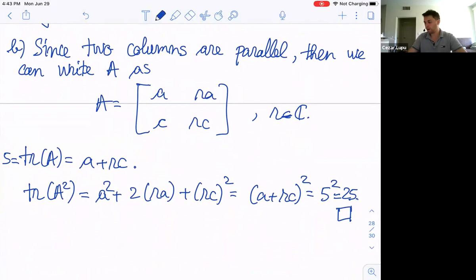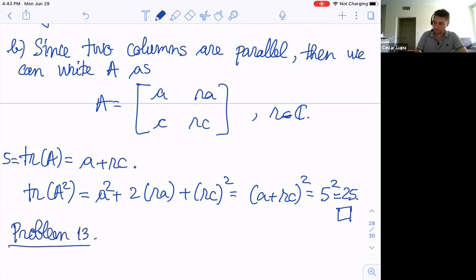Another problem that I have in mind, and probably I'm going to stop here, will be the following. Okay, so it's problem 13.